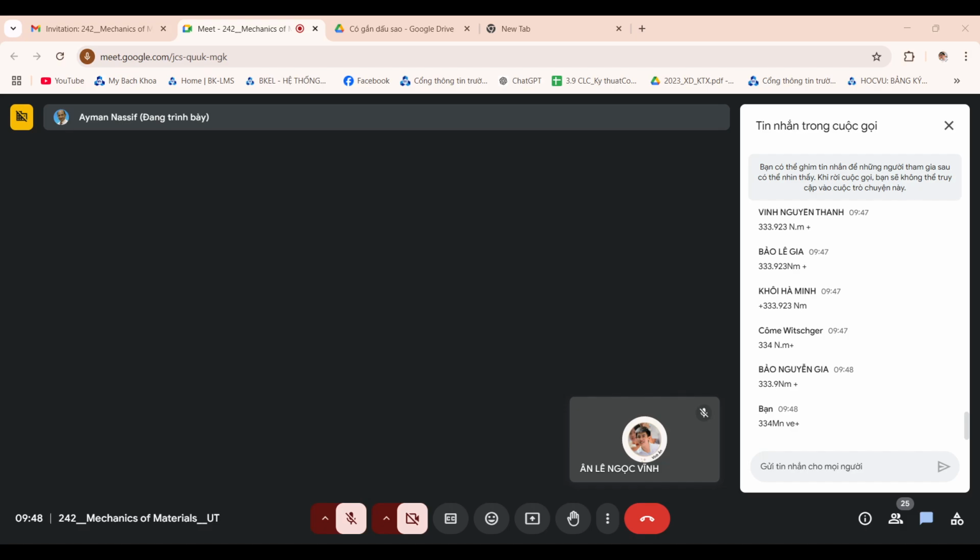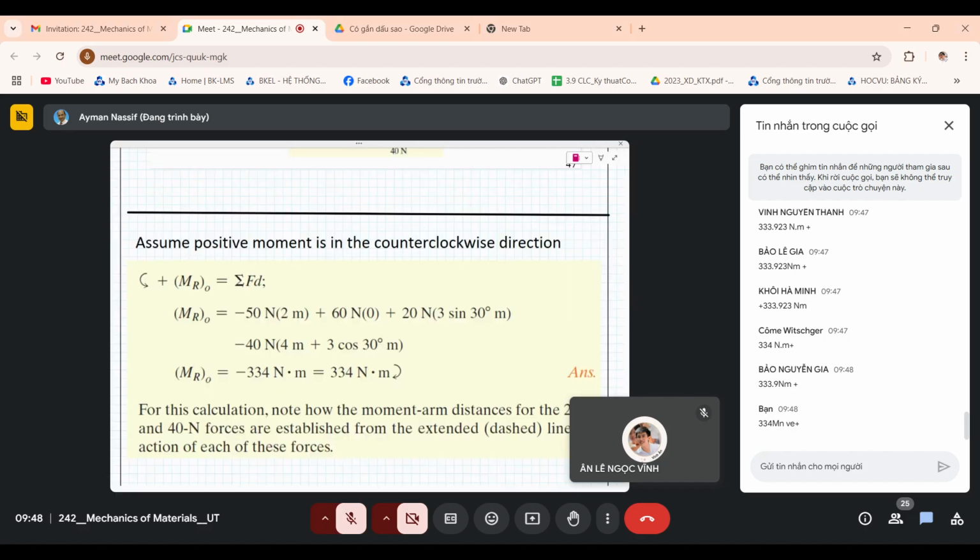Finally, we will have the correct answer and the correct sense of the moment, which is in the clockwise direction. If your solution was positive, it is correct because you have indicated the positive direction as clockwise. So basically the final answer is 334 Newton meters in the clockwise direction.